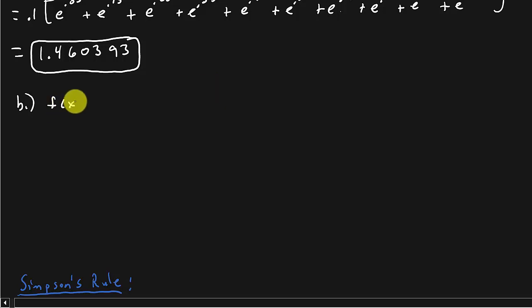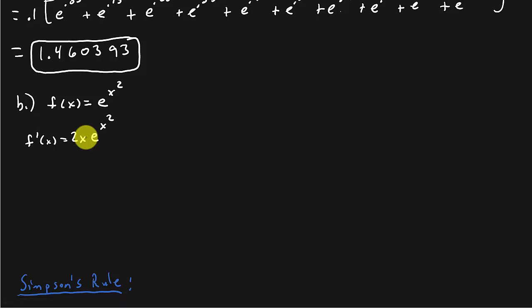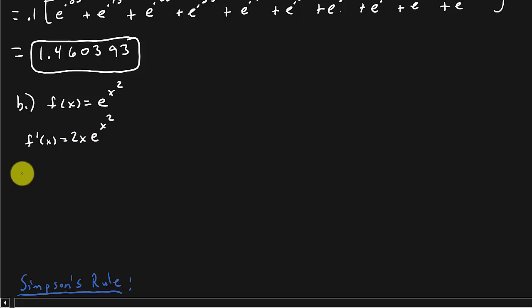we've got f of x is equal to e to the x squared. What do we need? We need the second derivative, don't we? So I've got f prime of x is equal to, what is that? e to the x squared times 2x, right? For e to a power, the derivative is just e to that power times the derivative of the exponent. And then f double prime of x, well, that's product rule.